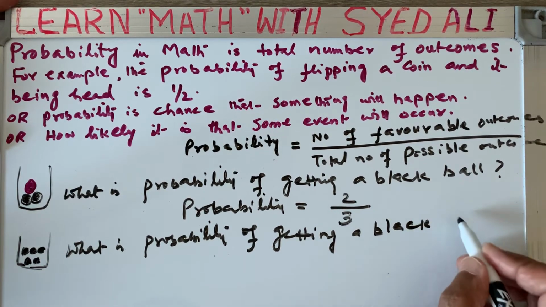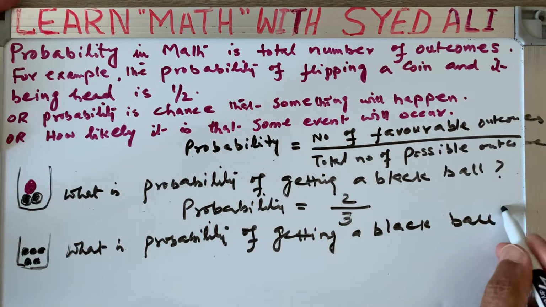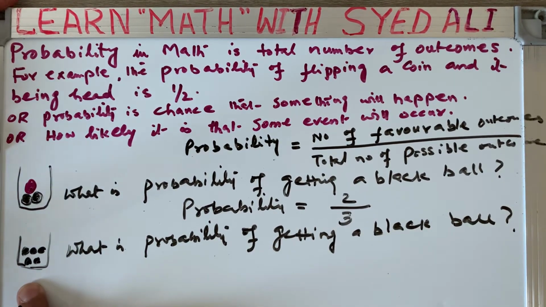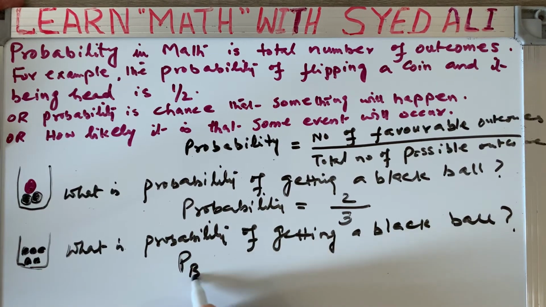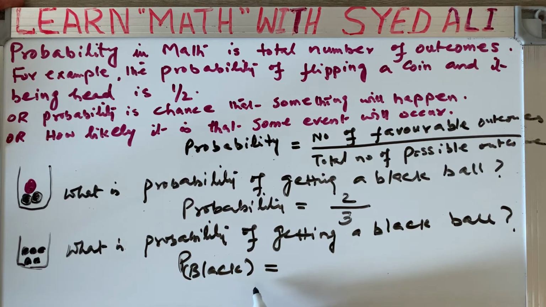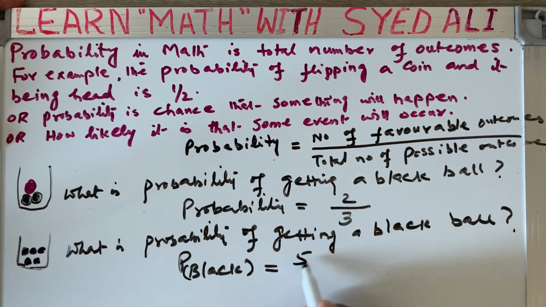We have 5 black balls and all of them are black. So the probability of getting a black ball in this case will be 5/5.